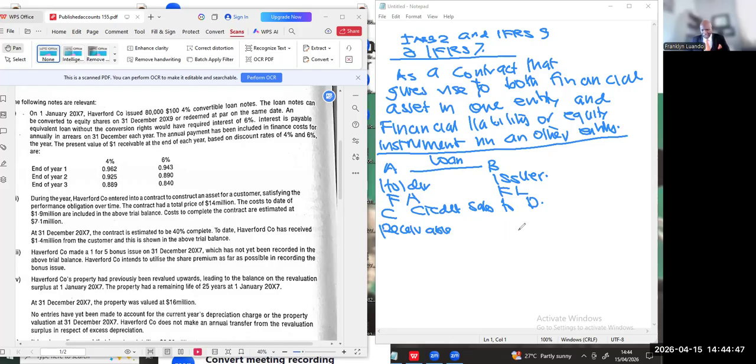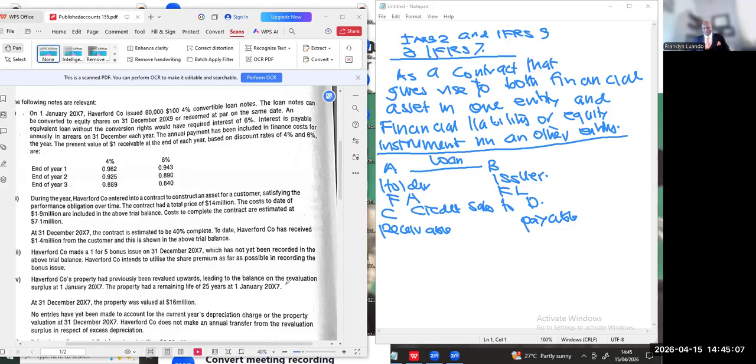D will treat C as a payable. So a receivable is a financial asset, and a payable is a financial liability.